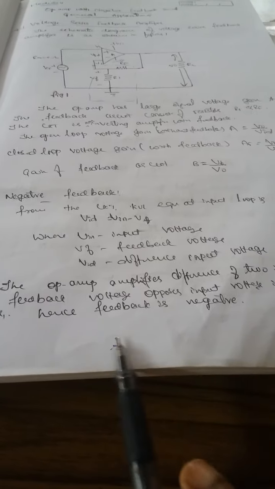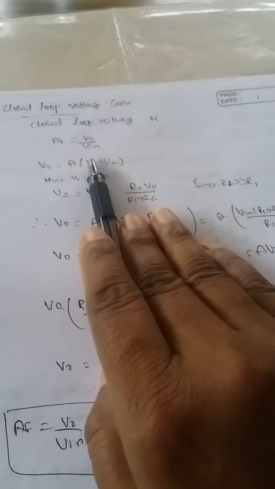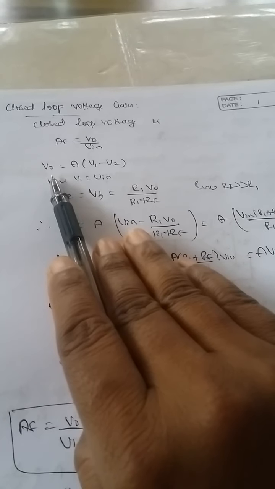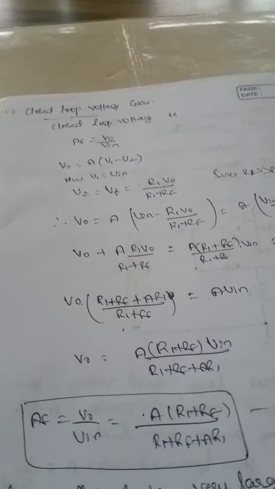Okay, and then we have to derive the expression for closed loop voltage gain AF. AF is equal to V0 by Vin, and the open loop voltage gain A is equal to V0 by Vid.